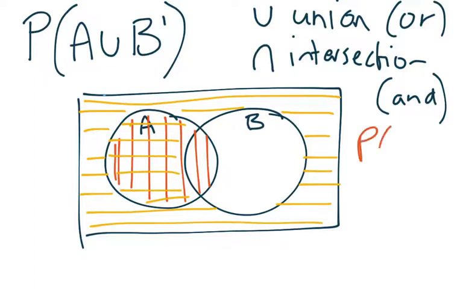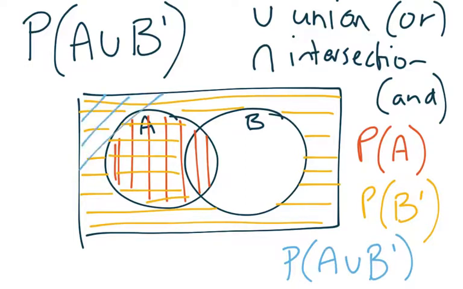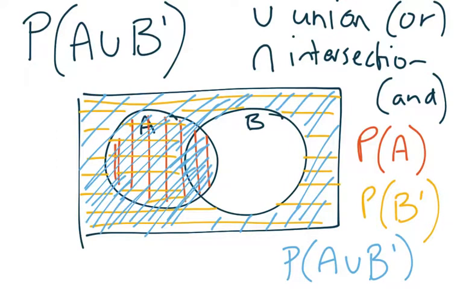I did the probability of A with red, and the complement of B with yellow, and the blue is the probability of A union the complement of B. So it's every single thing that we have shaded: all of the outside, everything here, everything in the middle. Basically, you shade everything except for this half moon of B.